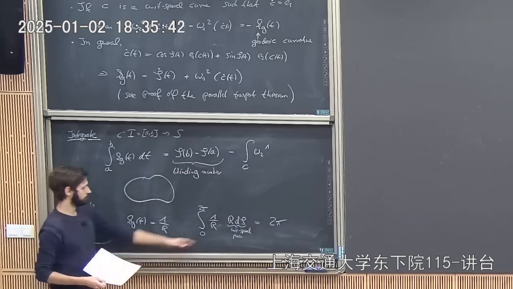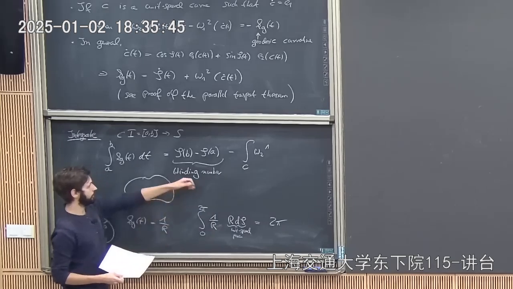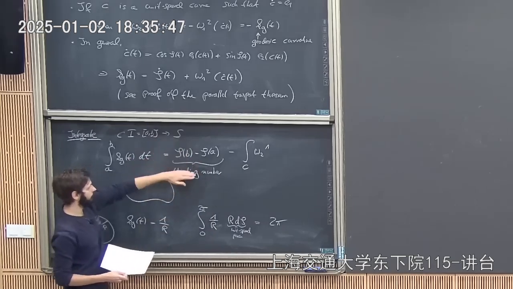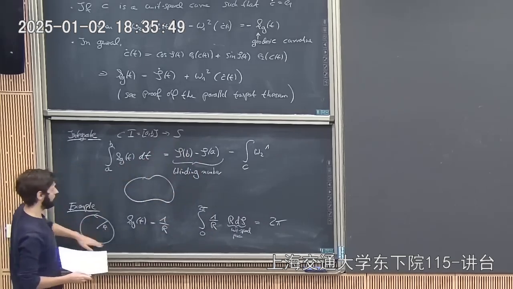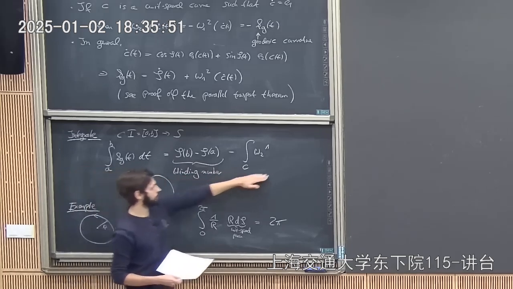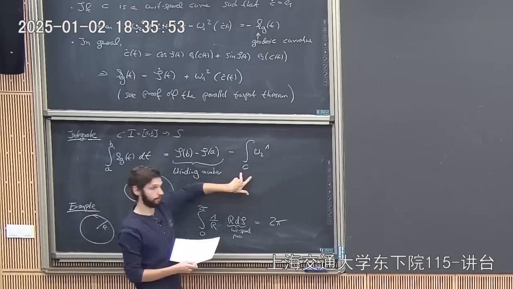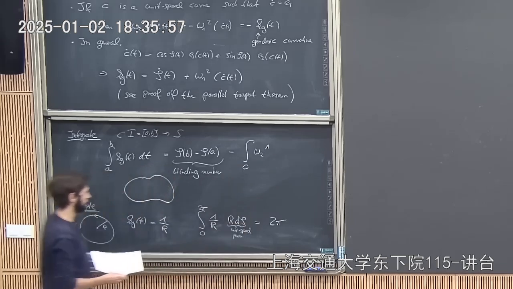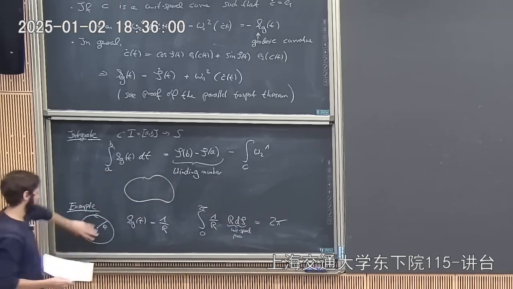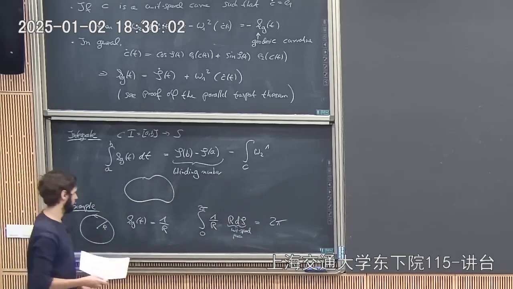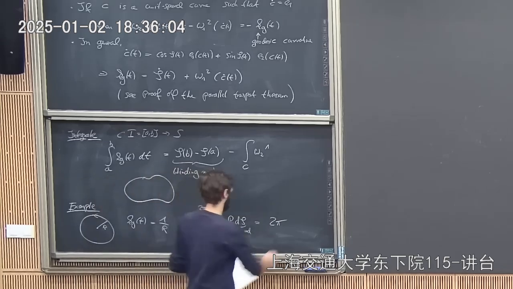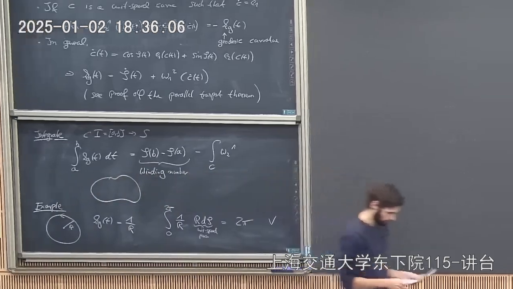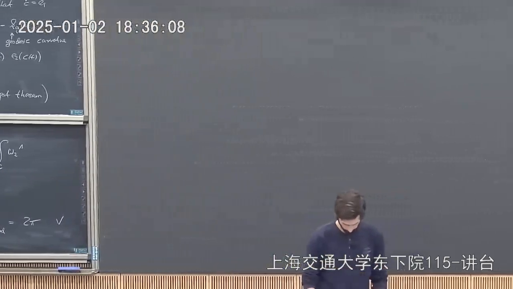That's consistent with the fact that on the plane this term is 0, because the connection form is trivial in that case, since there's no intrinsic curvature of the plane. So that's an example where it works out.